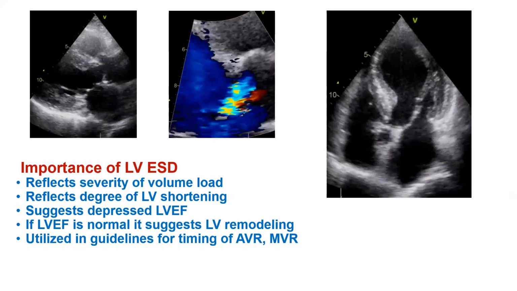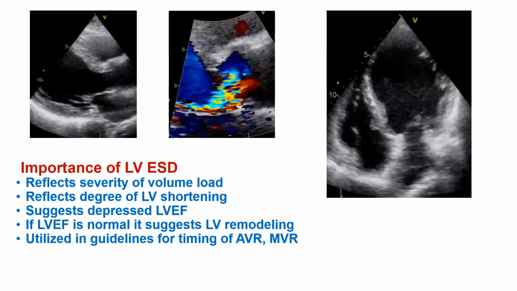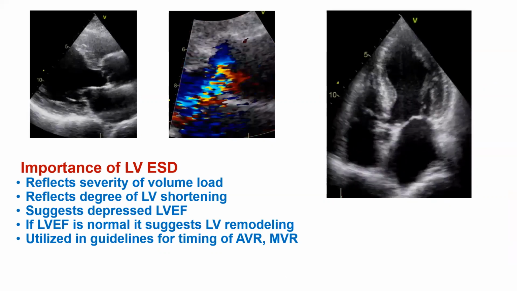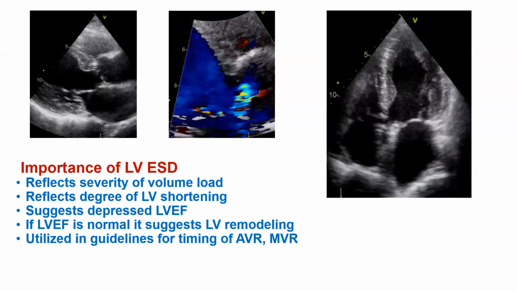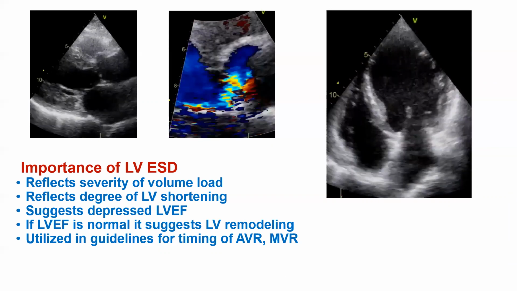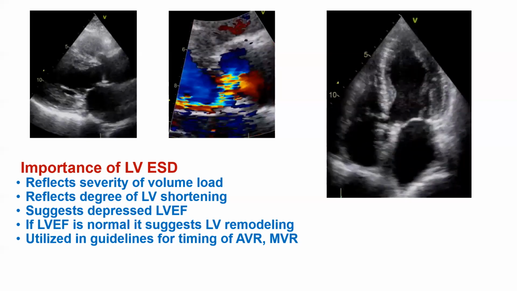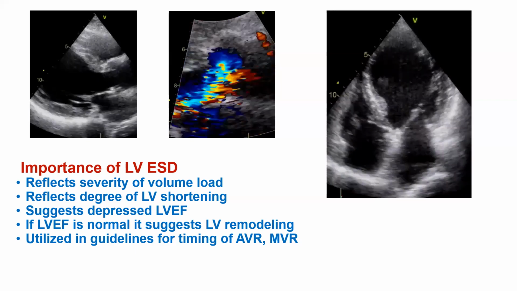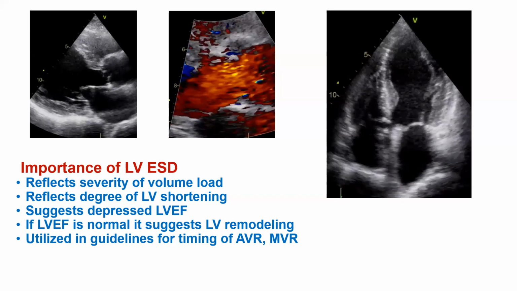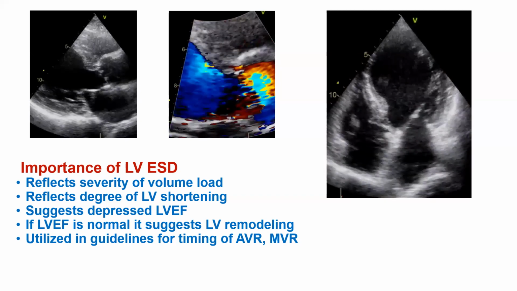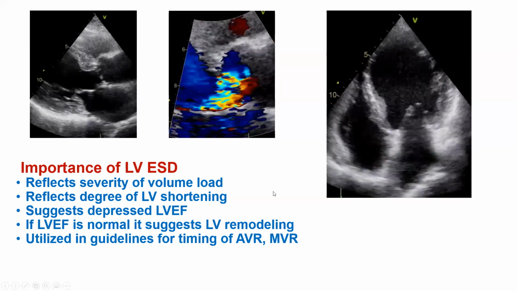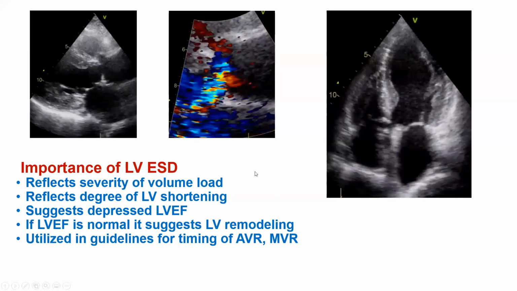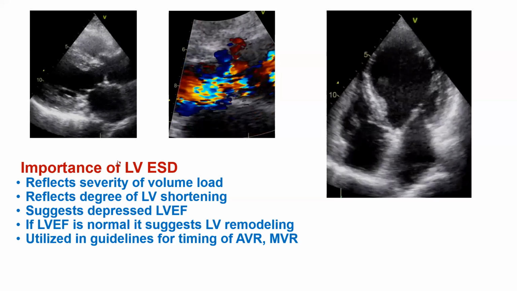The end systolic dimension, in addition to telling you about left ventricular volume, also tells you about left ventricular systolic function. Because at any given contractile state, the ventricle will squeeze down to the same end systolic dimension. And so for this reason, over the years, end systolic dimension has been a useful surrogate for systolic function.